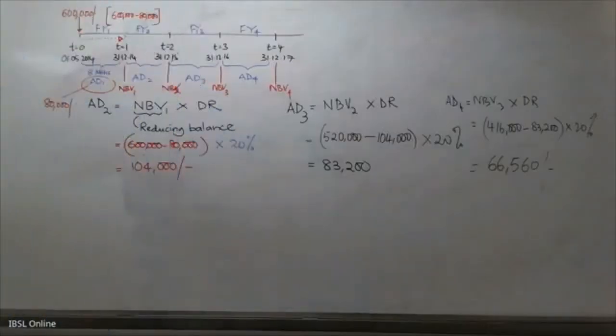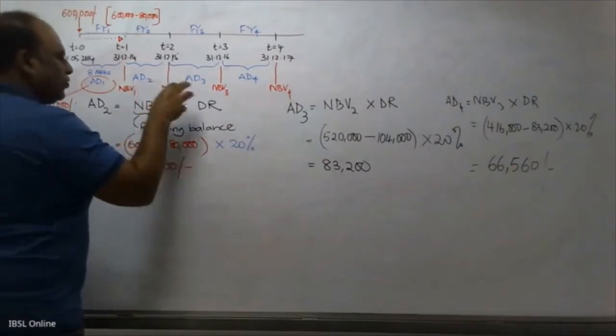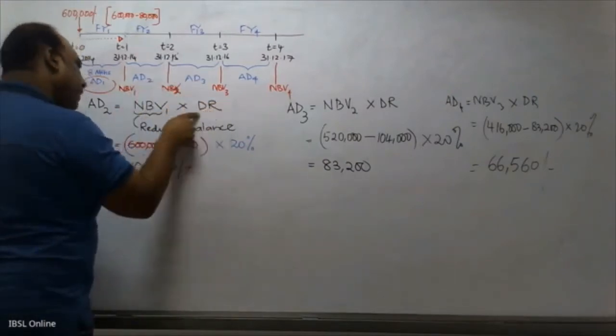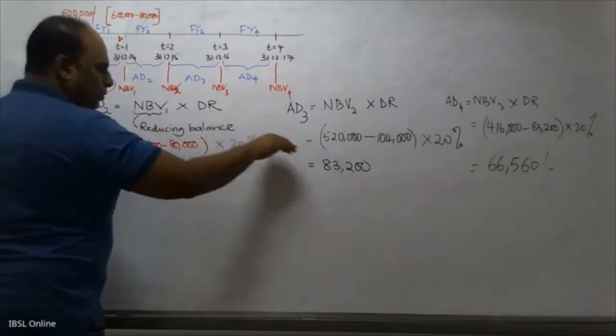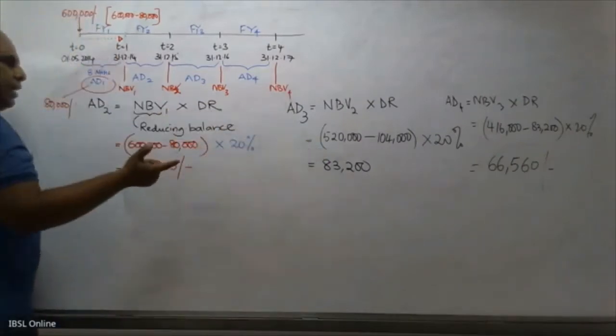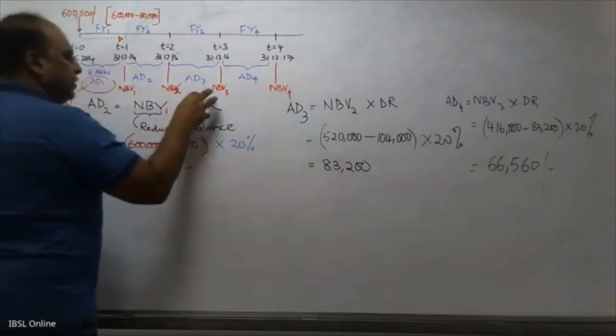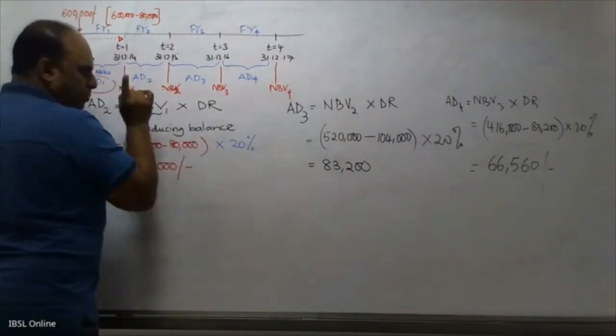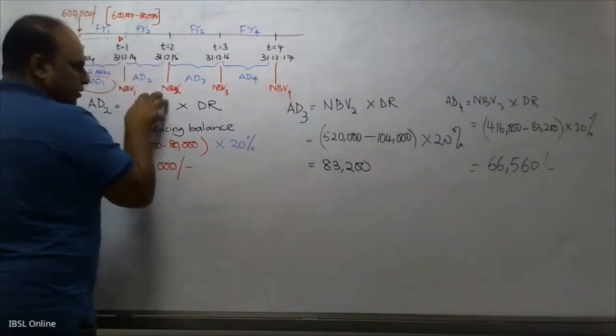So we have calculated all the depreciations. That is AD1, AD2, AD3, and AD4. By the way, this is under the reducing balance method. Now, what is the difference compared to the straight line? Here, the balance on which we are going to apply the depreciation rate is going to go down. Under the straight line method, you always apply the fixed percentage on the cost. Can you remember? It was always the cost.